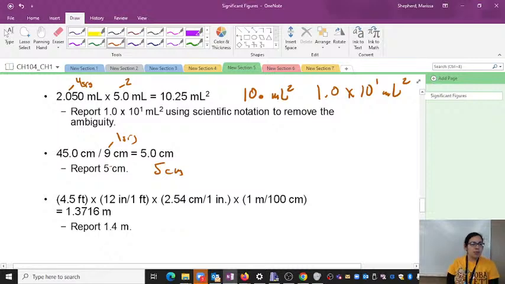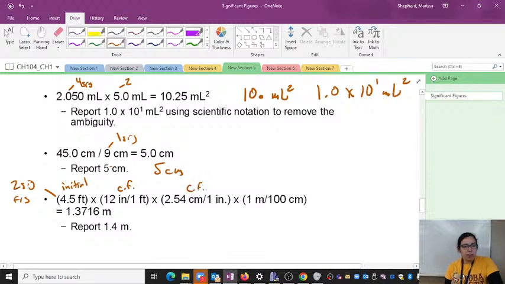And this one is what we were saying, that conversion factors don't count. This is our initial number, and that has 2 sig figs. But now this is just a conversion factor, that's a conversion factor, this is a conversion factor, so we don't include those in our sig fig count.